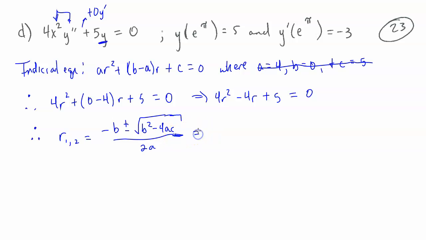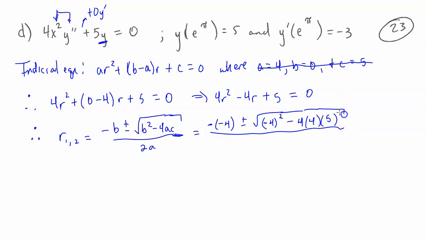So with that being said, we have minus negative 4 plus or minus the square root of 4 squared minus 4 times a, which is also 4, and then c is going to be 5. And all that over 2 times a, which is 4.